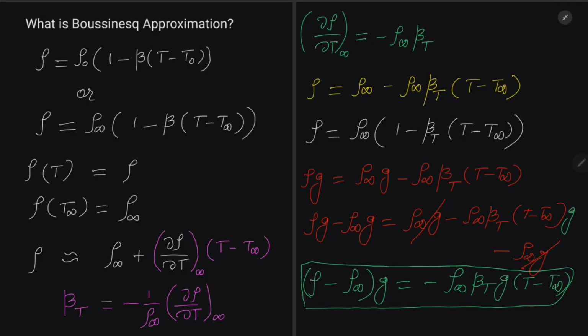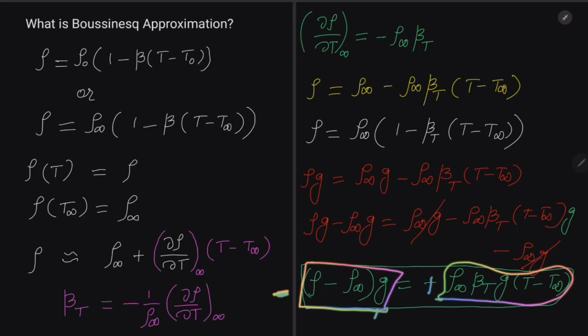But one thing I must tell you: when you add this term, you must add the minus sign, or you multiply this with minus, and this becomes positive. So this term appears in the momentum equation, since you want to take this as a positive quantity.